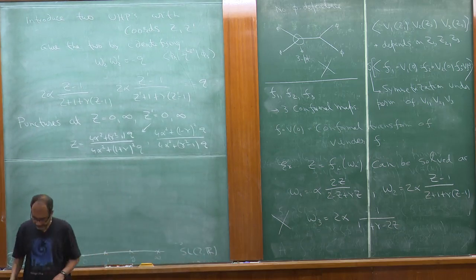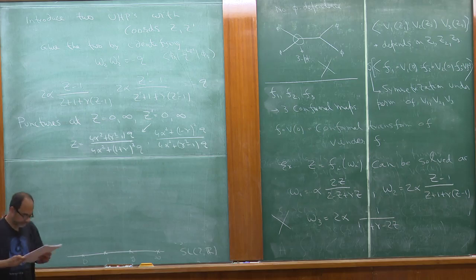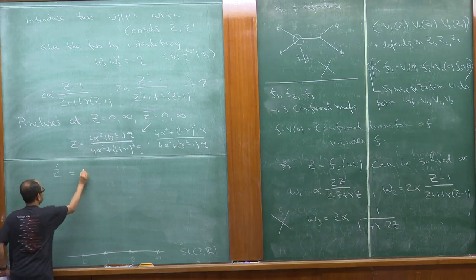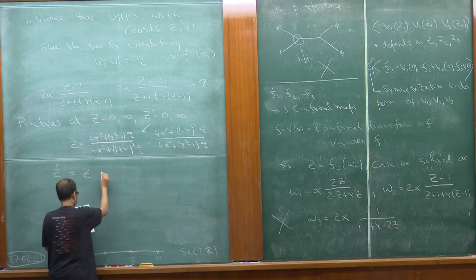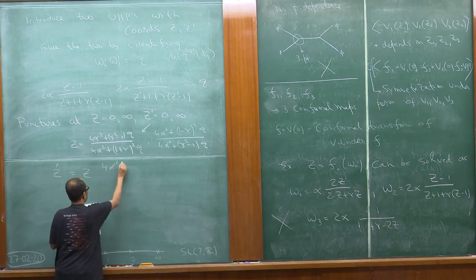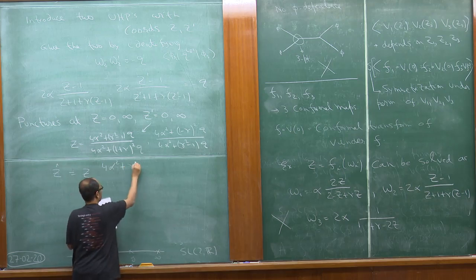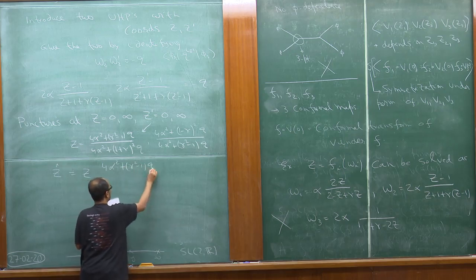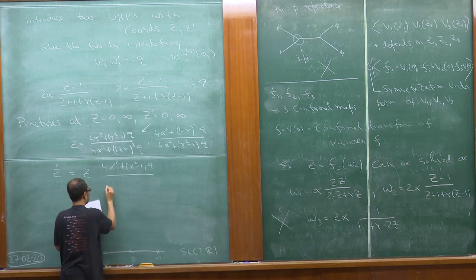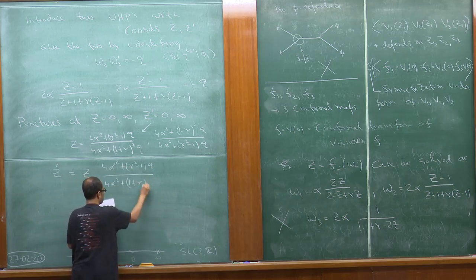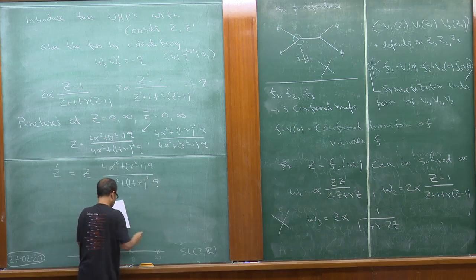So, we will define z hat by scaling, which is z times (4 alpha square plus gamma square minus 1) times q over (4 alpha square plus 1 minus gamma) square, sorry, 1 minus gamma.